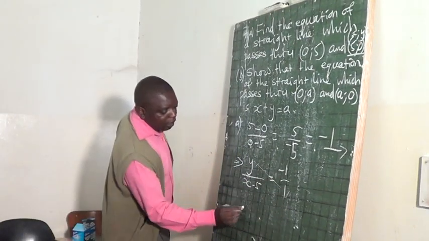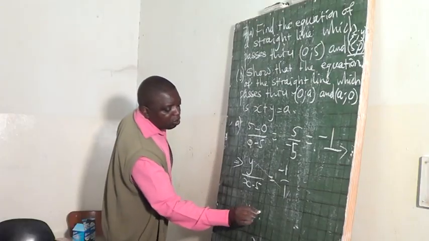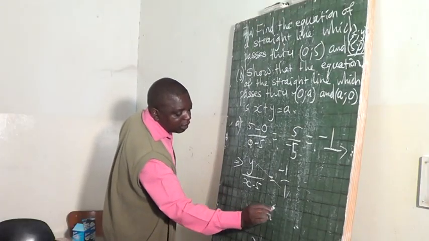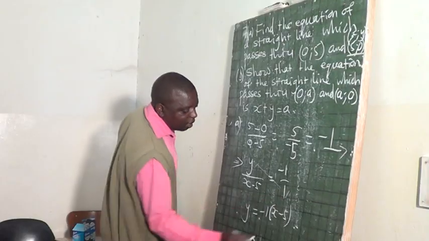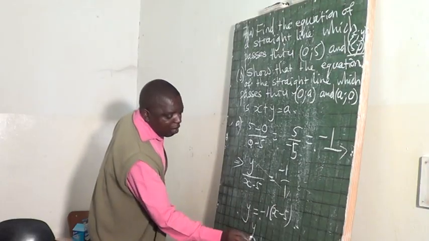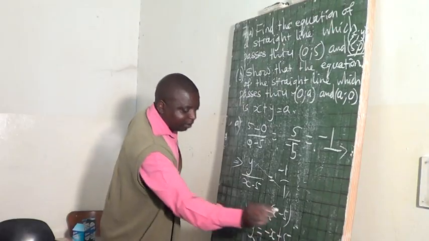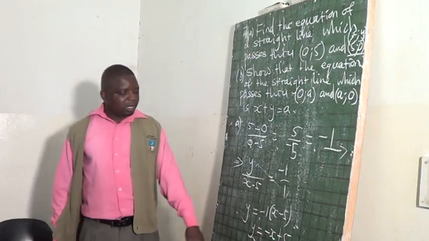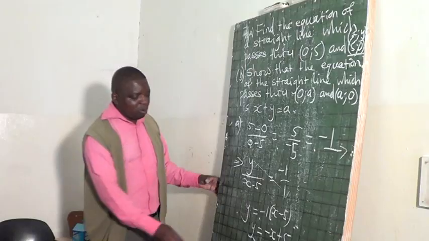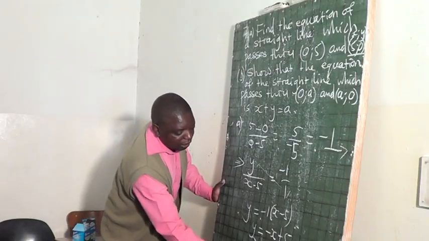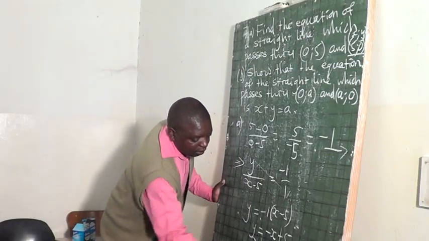Cross multiplying, y equals minus 1 times x minus 5. So y is equal to minus x plus 5. Taking minus x to the other side, we get x plus y equal to 5.